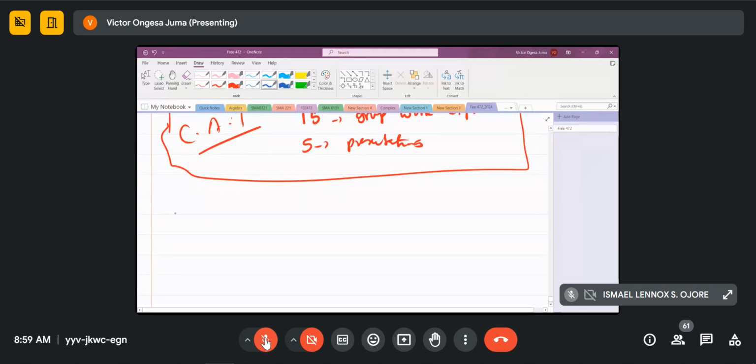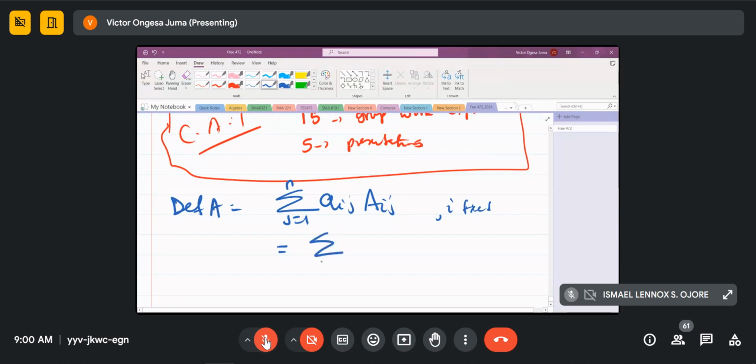So if you are given a matrix A, then the determinant of A is given by the cofactor expansion, the sum of a_ij multiplied by A_ij, where j is equal to 1 until n, and i is fixed. Or somebody can say i is equal to 1 until n.